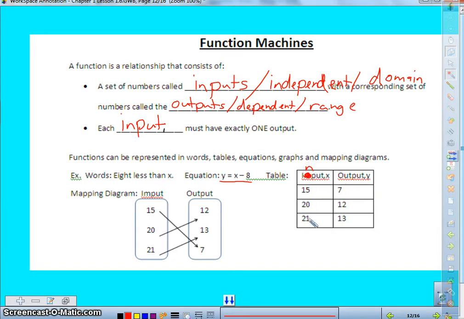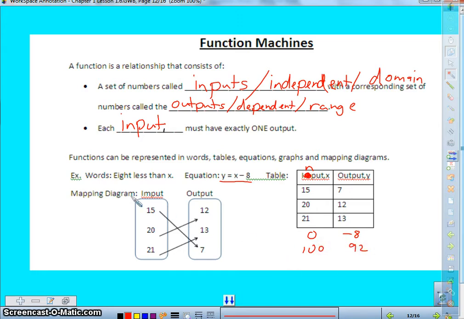It doesn't matter what values we put in for x. Our output is going to be 8 less than x. So if I put 0 in for an input, my output would be negative 8. If I put 100 there, my output would be 92.